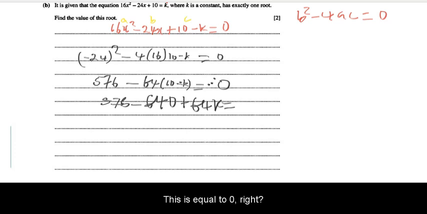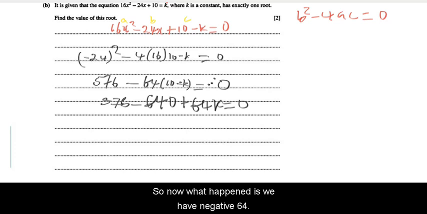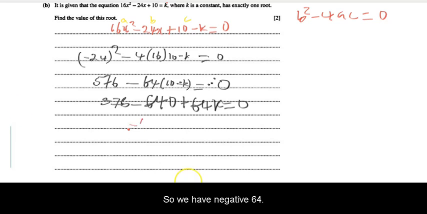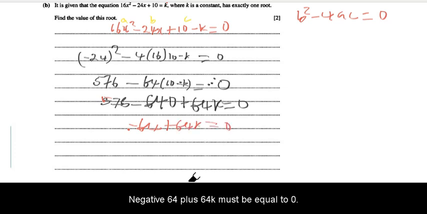This is equal to 0, right? So now what happened is we have negative 64. 576 minus 640 is negative 64, so negative 64 plus 64k must be equal to 0.